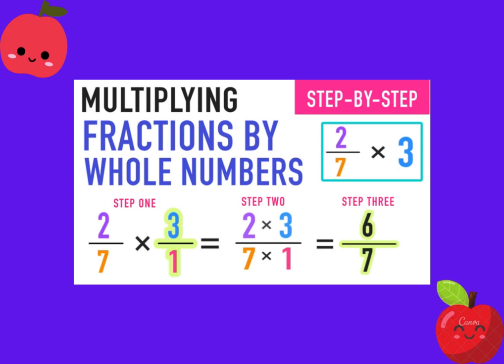You can also say 3, and in fraction I can say 3 by 1. And when you multiply by the same method, numerator to numerator, denominator to denominator, the answer you get is 6 by 7, and 6 by 7 is already in the lowest term. So we do not have to worry about changing it to the lowest term because it is already done.